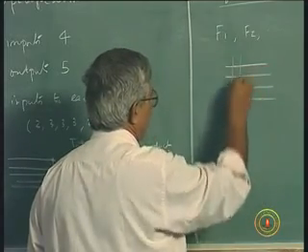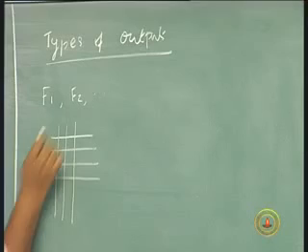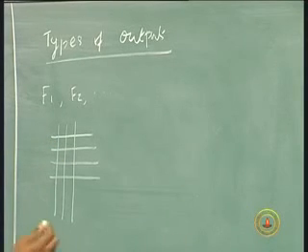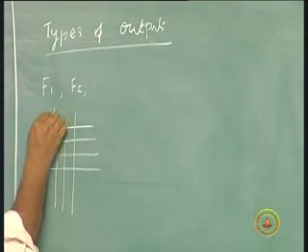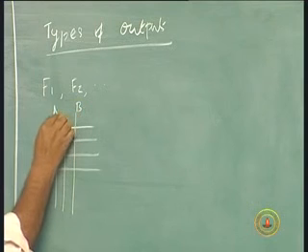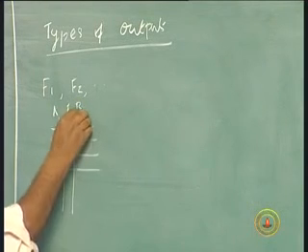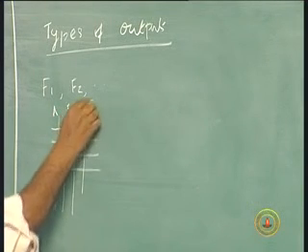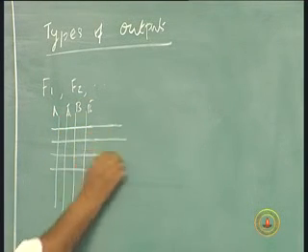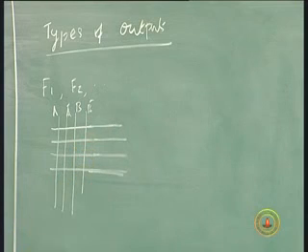These are the inputs A, B, C, and their counterparts also. Supposing, let us make it simple. Let us say we have A and B as inputs, A bar, B bar available. So all my product terms can be functions of A, B, A bar, B bar. Is that right? That's what I mean when I say two inputs.